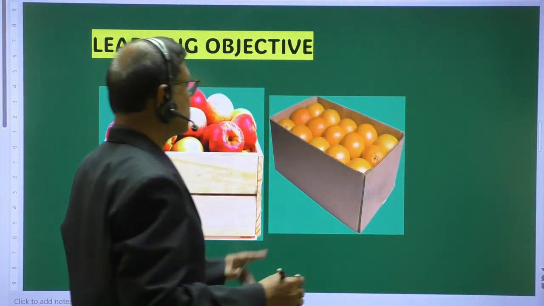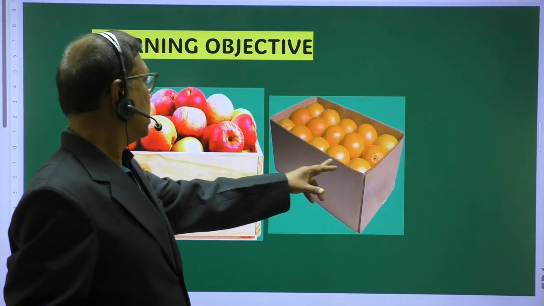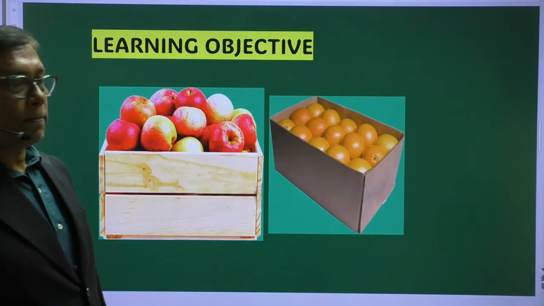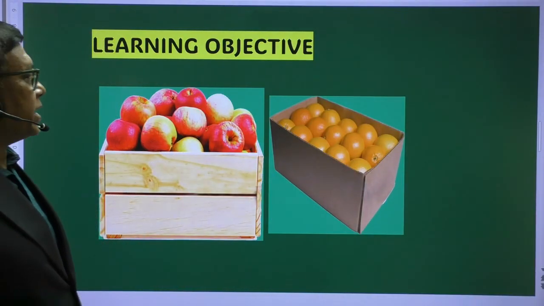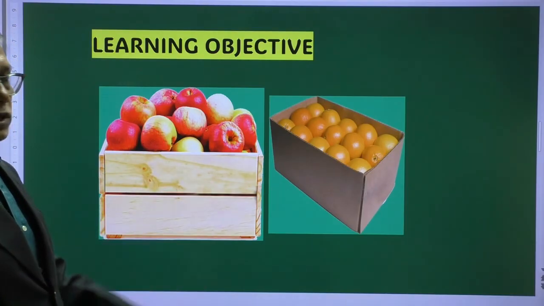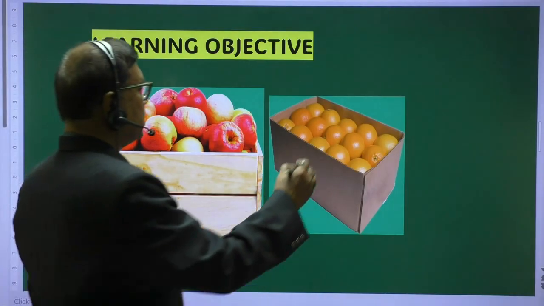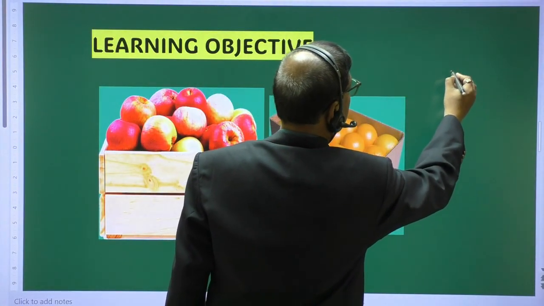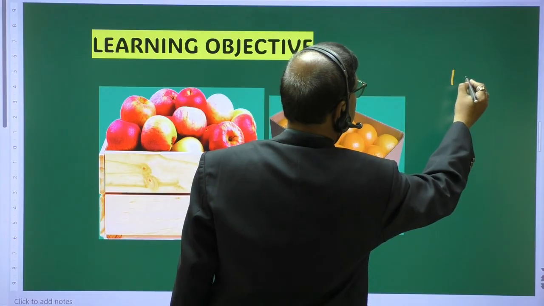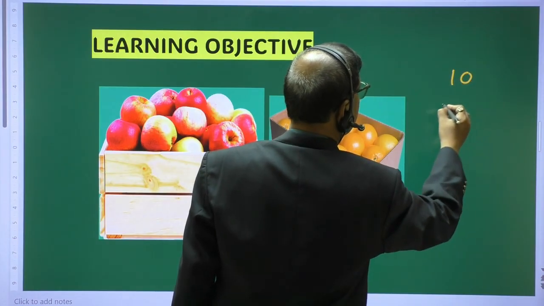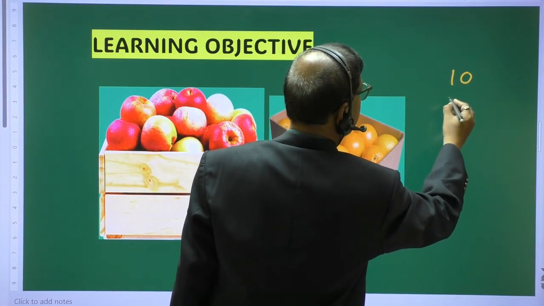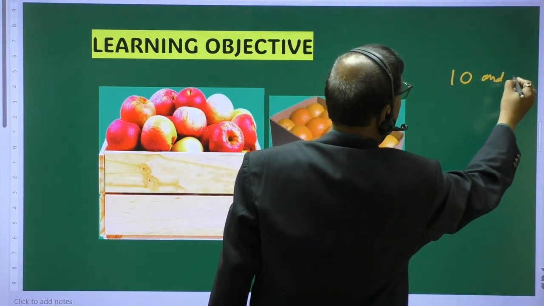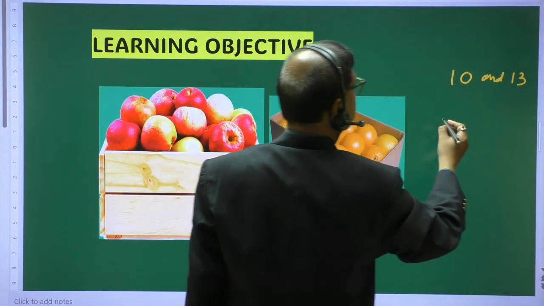Now take one more example. In each box 13 oranges and in each box 10 apples. So what is the minimum number of apples and oranges required, in equal number? To know that, we have to find the LCM of 10 and 13.